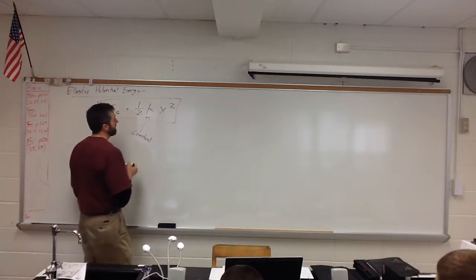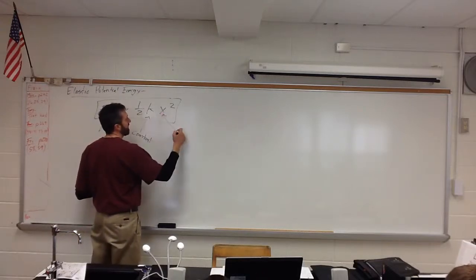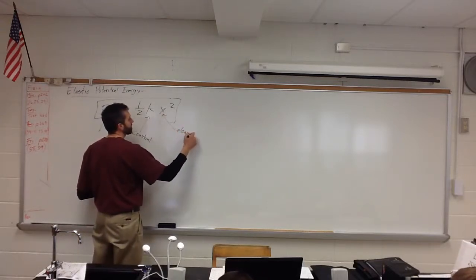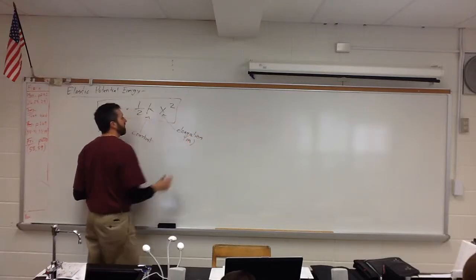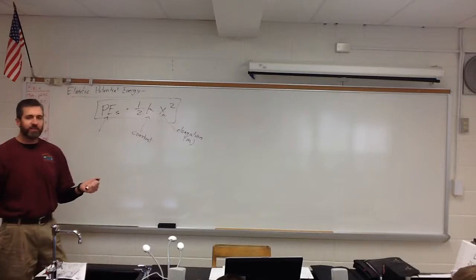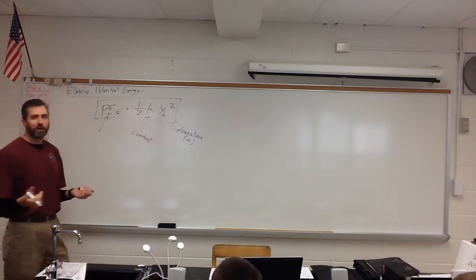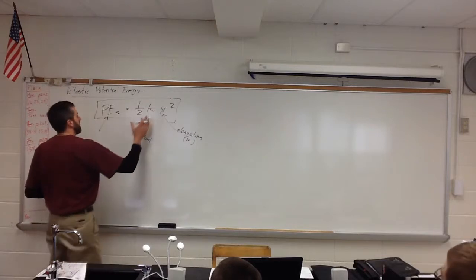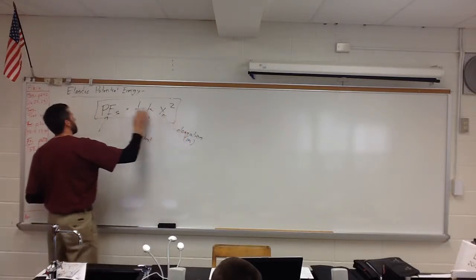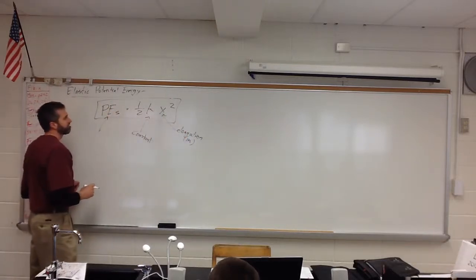And the last thing is x, the elongation, which is going to be in meters. So the longer you stretch out an elastic object, for the most part, the more it snaps back. There's usually a limit to that, but as this gets bigger, you're getting more potential energy.